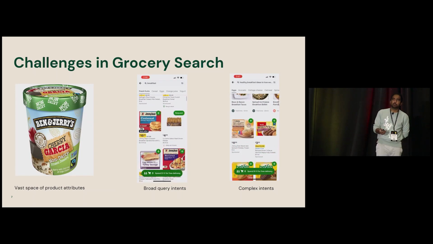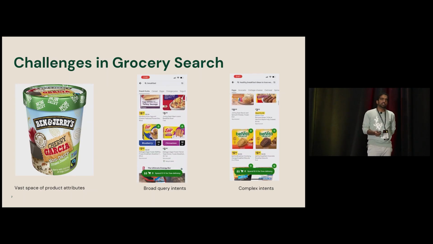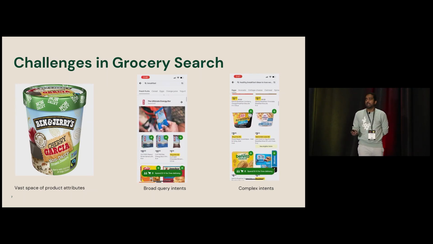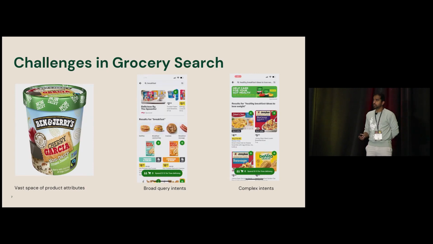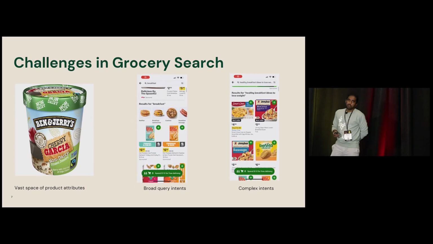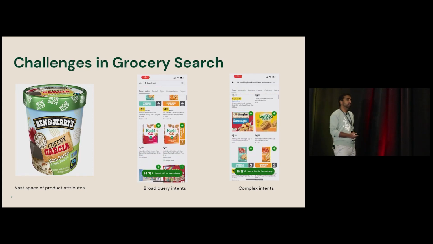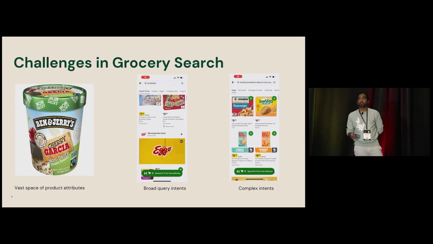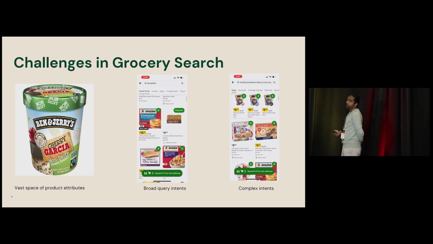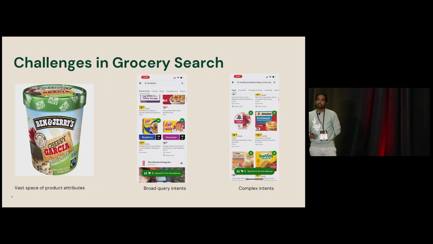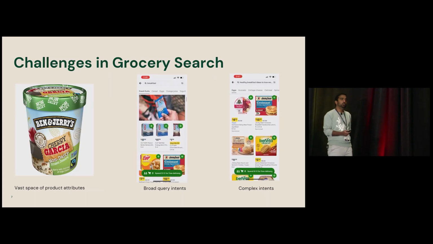So essentially understanding product attributes for every product is very important because this is how you can personalize a search. Only by knowing the attributes can you use this information in query understanding and also in ranking to essentially boost those products. For example, if you know that the user is interested in vegan products, without knowing if the product is vegan or not, you can't essentially recall the product and boost them to the top.